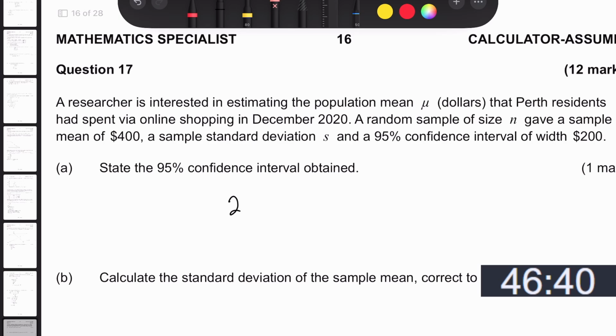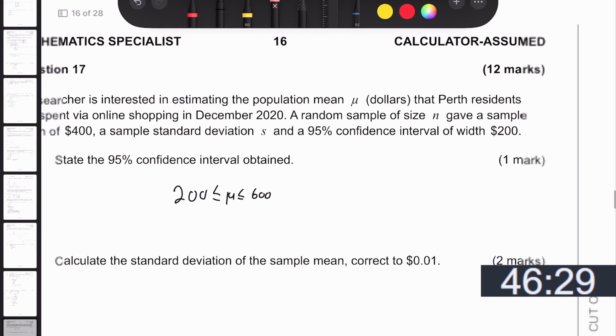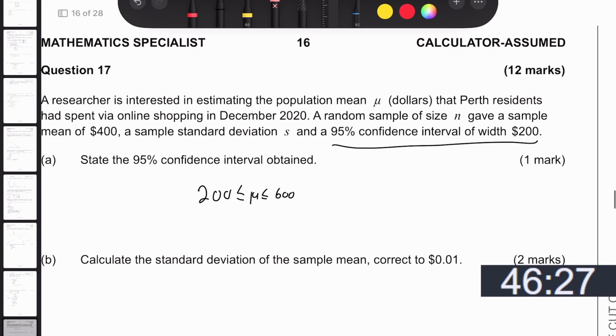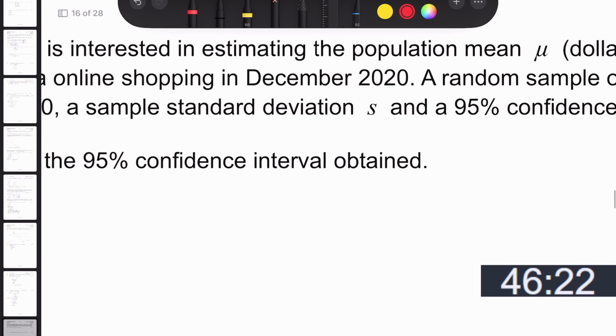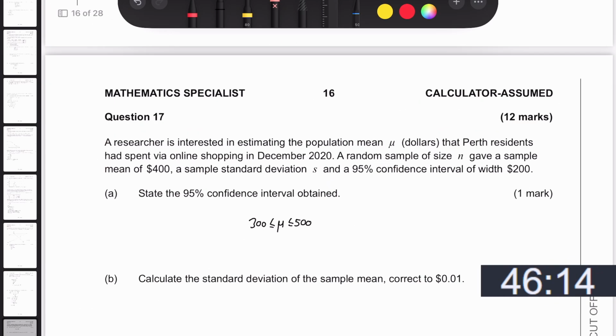So then this would be 200 less than or equal to mu less than or equal to 600. Oh wait, width $200, which would be $100 on each side. So 300 less than or equal to mu less than or equal to 500.